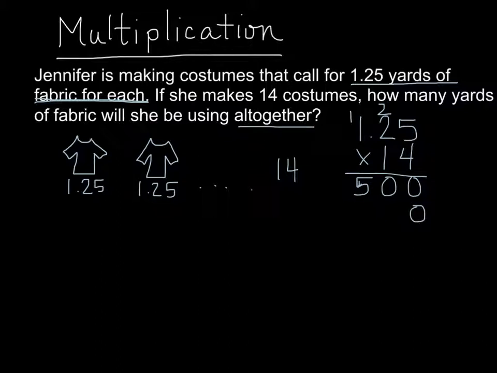Put your 0 in as a placeholder because we moved over to the tens place. 1 times 5 is 5. 1 times 2 is 2. And 1 times 1 is 1. 0, 5, 7, 1, and our decimal point looks like it's over 2 places.